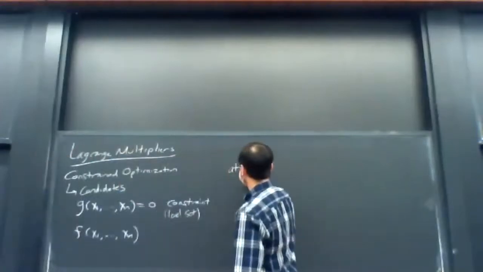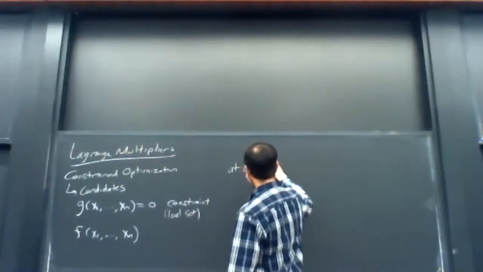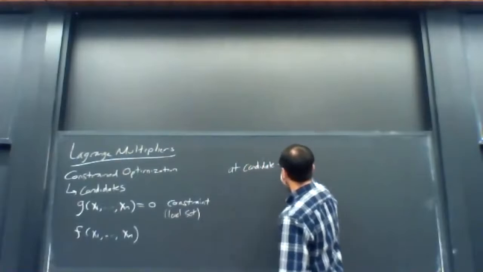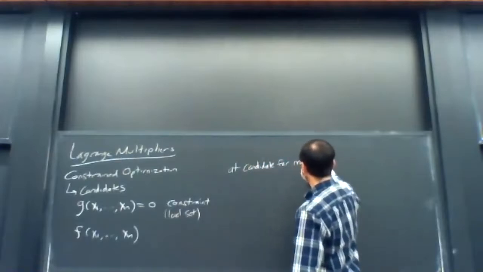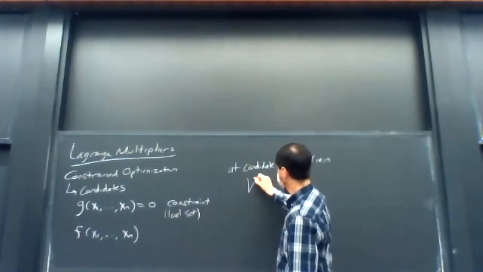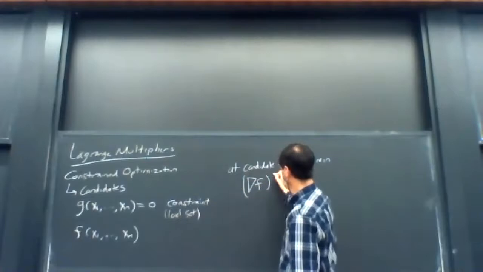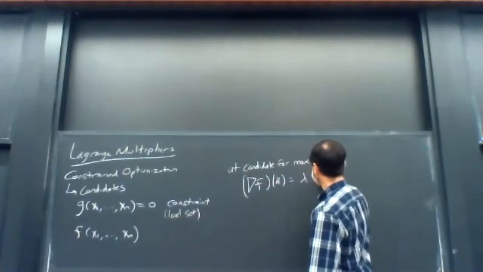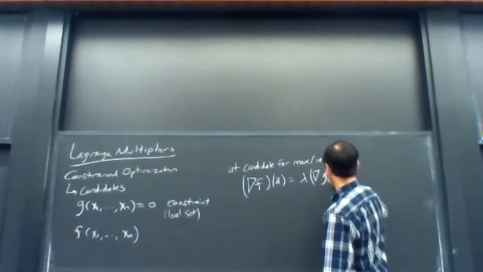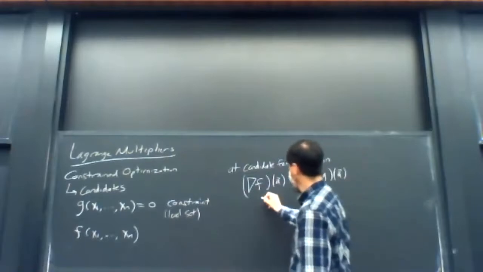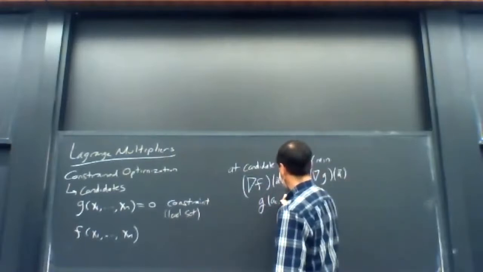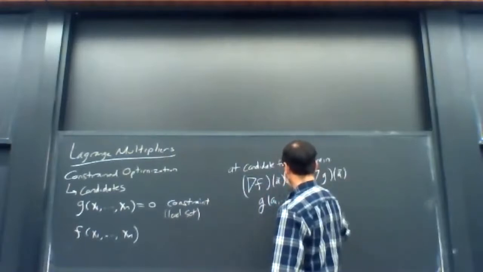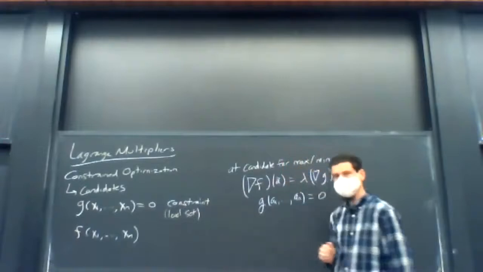And then what you have is, at a candidate for the maximum or the minimum, you have the gradient of f at some point a is equal to lambda times the gradient of g at that point a, and g of a1 through an equals 0.